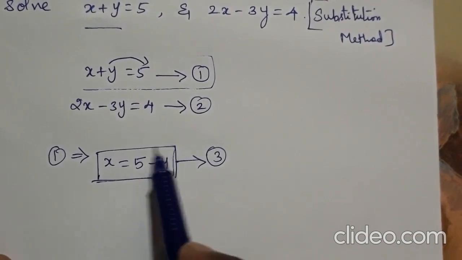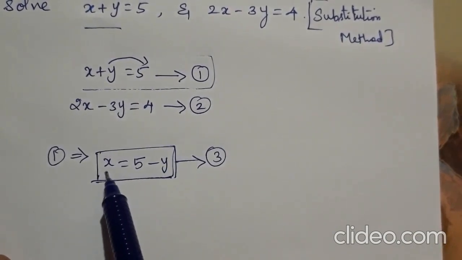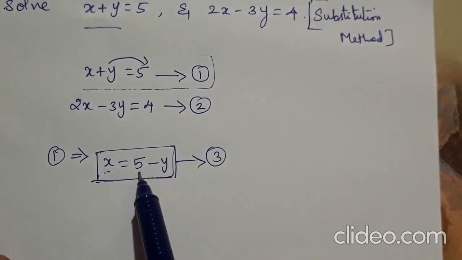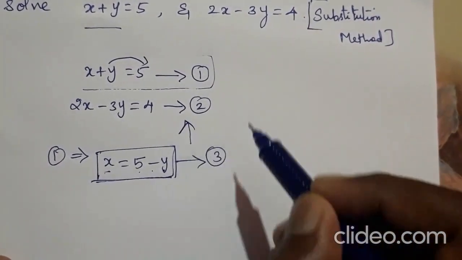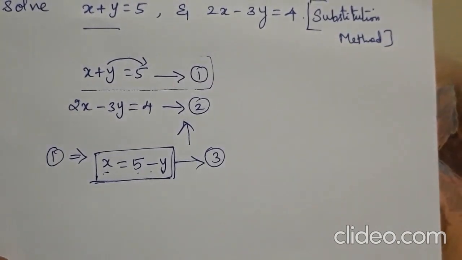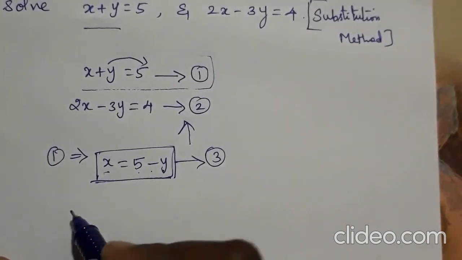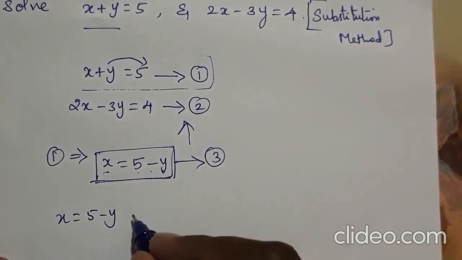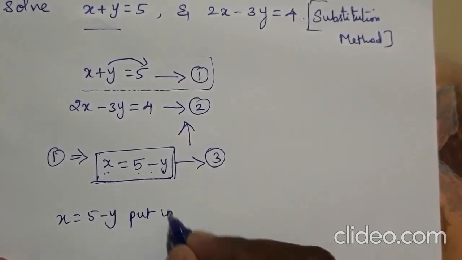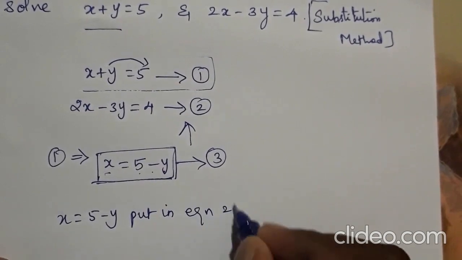Instead of x we can substitute 5 minus y in equation 2. So x is equal to 5 minus y, put in equation 2.